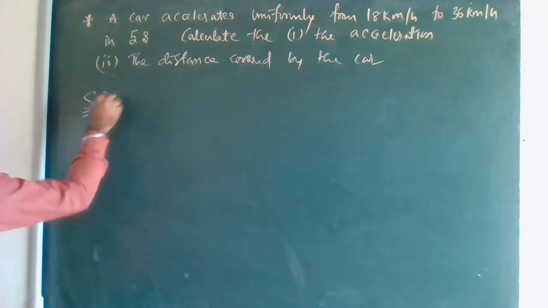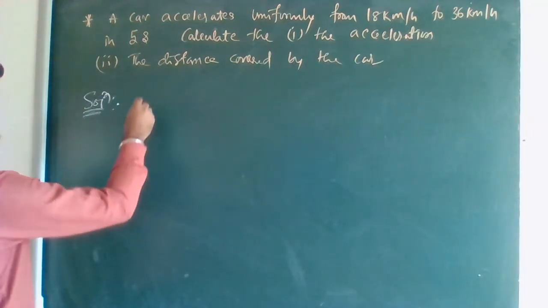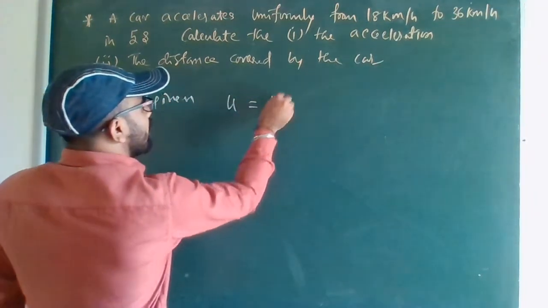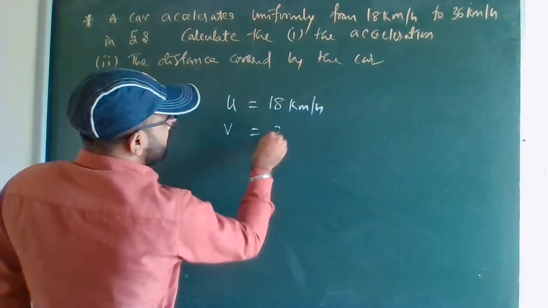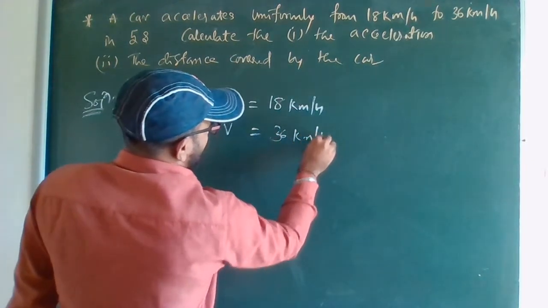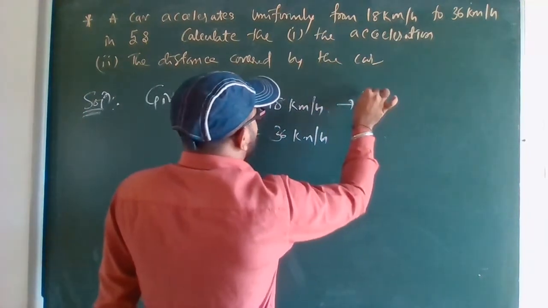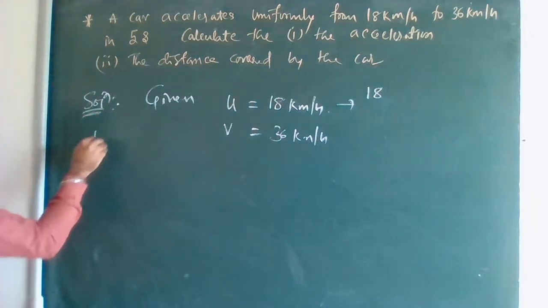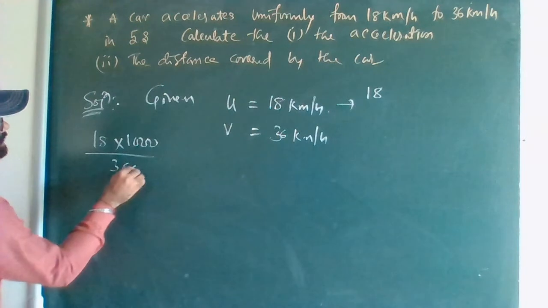Solution. In 5 seconds. See here, what is given? U they have given 18 km per h. V they have given 36 km per h. So better I will convert it into meter per second. Whenever you have to convert to meter per second, 18 into 1000 divided by 3600.